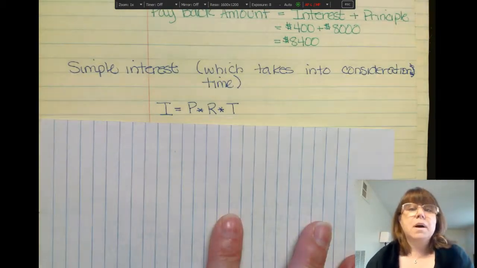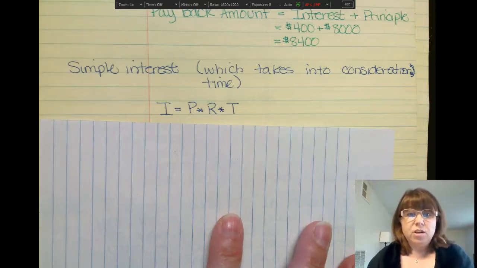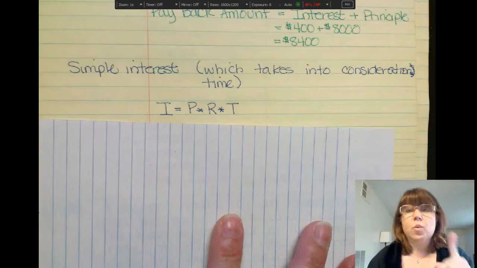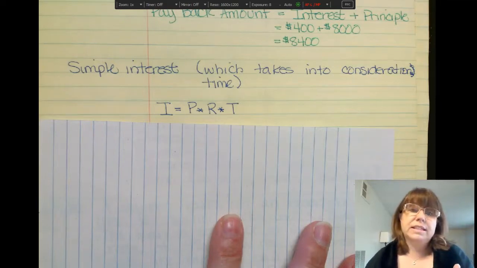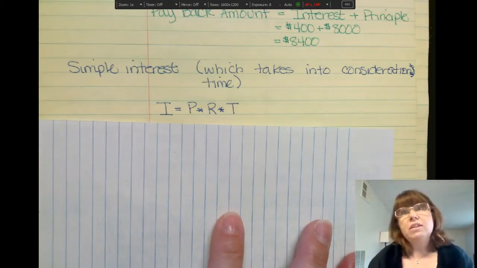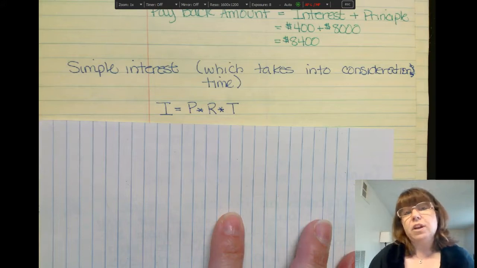Now in the previous examples, we only dealt with 1 year. So we didn't have to take into consideration time, but we can calculate simple interest over time. Time is usually considered 1 year at 360 days. Yes, I know a year is not 360 days, but that's how it's calculated. And we think about this in terms of, okay, well, maybe you took 60 days to pay off a loan.